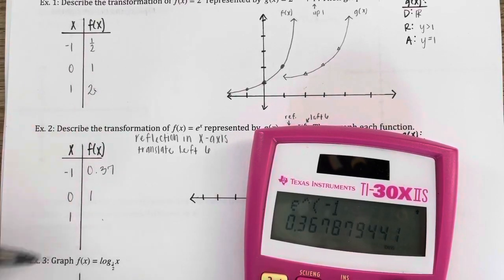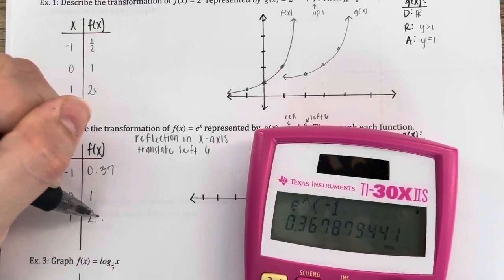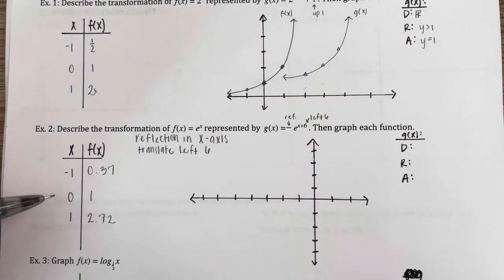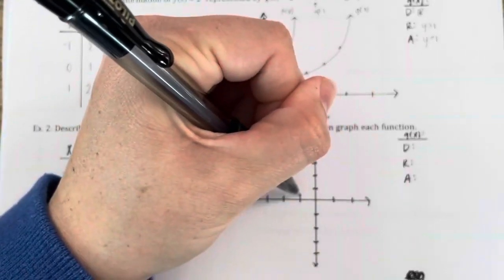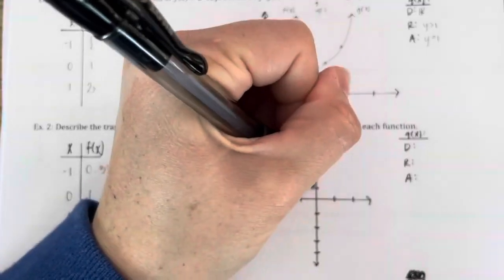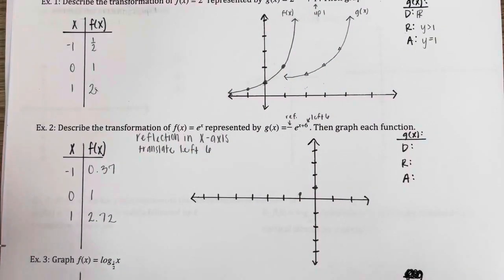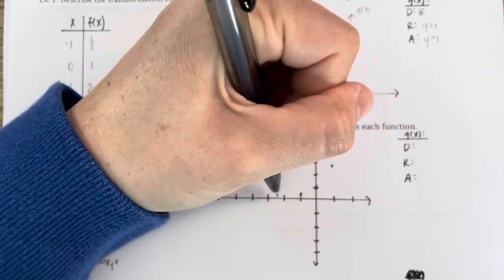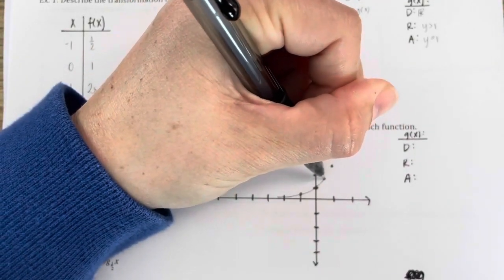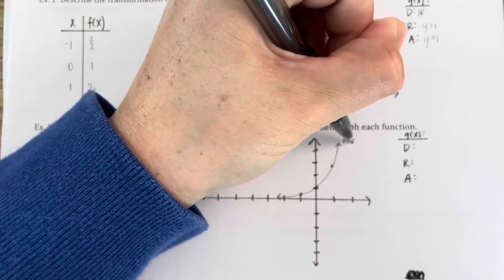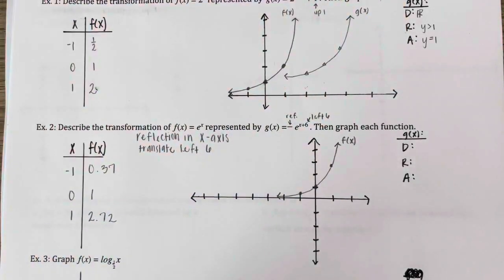And when I raise e to the first power, I get about 2.72. So we can graph those original points, f of x: -1, 0.37, and just graph them as accurately as you can, and then 0, 1, and 1, 2.72. And that's our f of x.